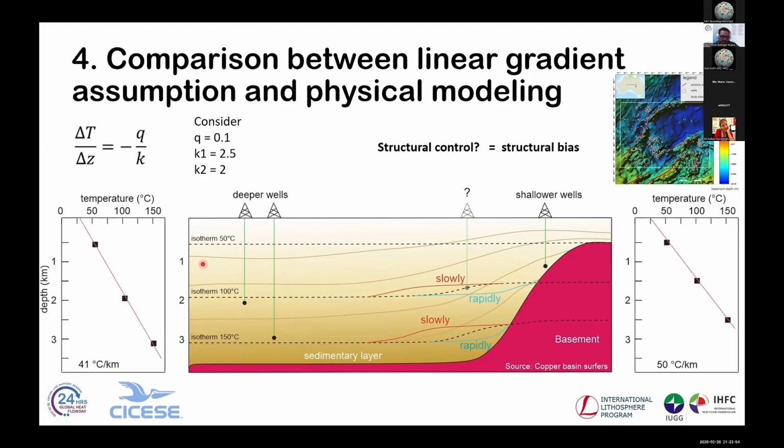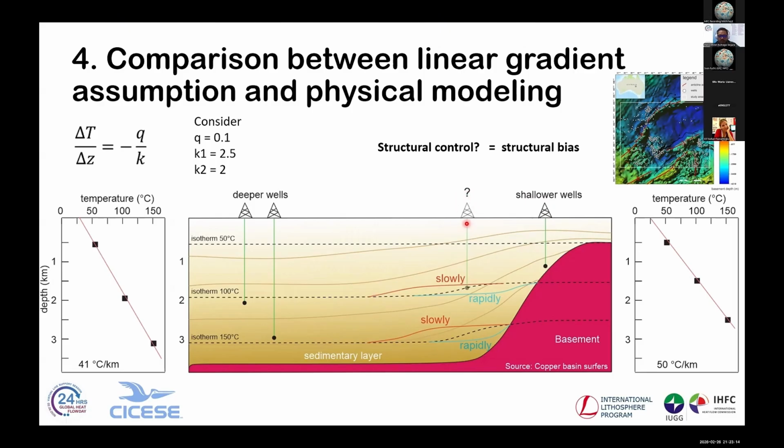And the problem arises when I try to connect these isotherms at depth. I don't know if the isotherm in this case will go up slowly or rapidly.